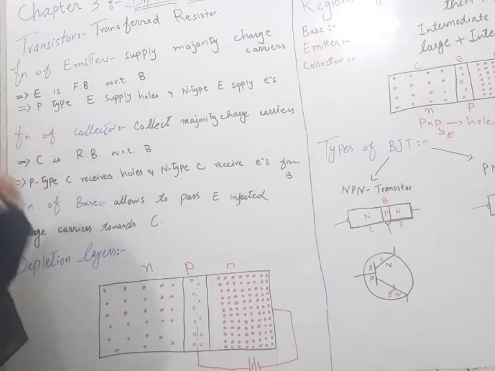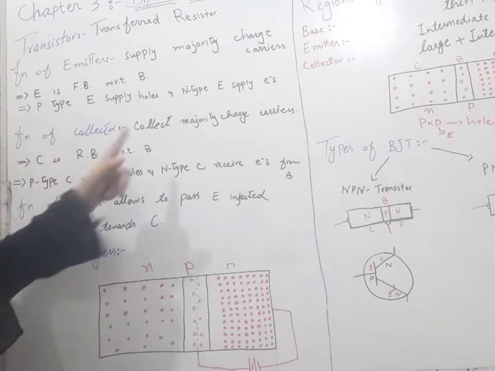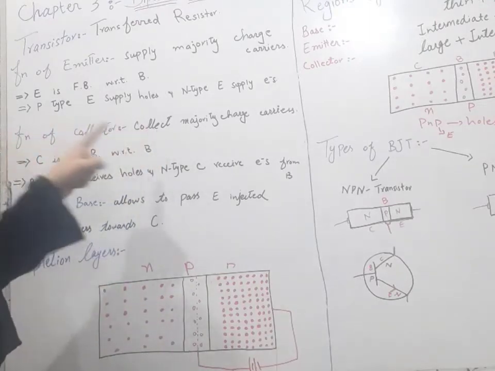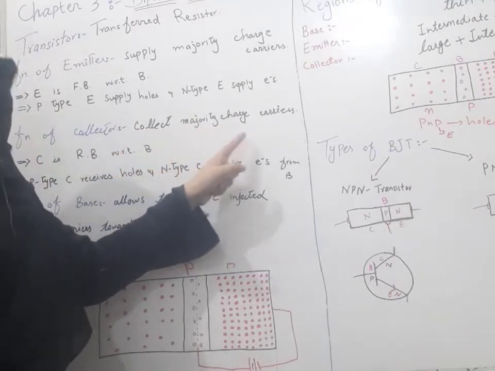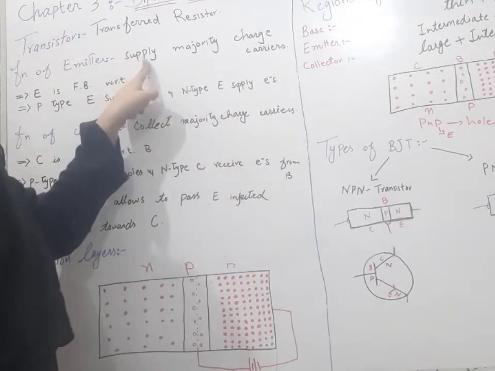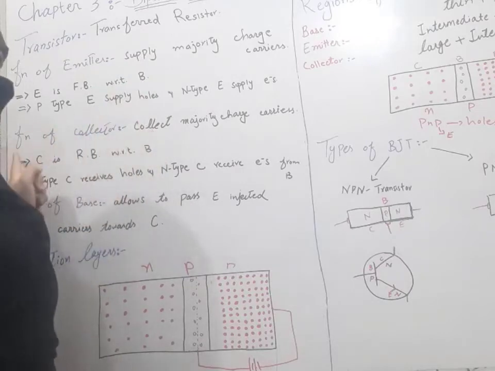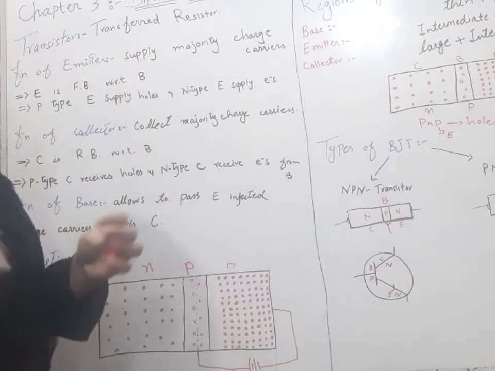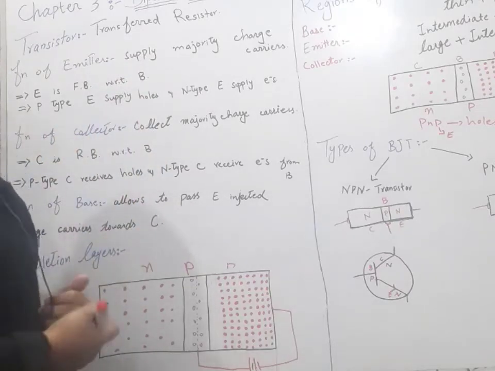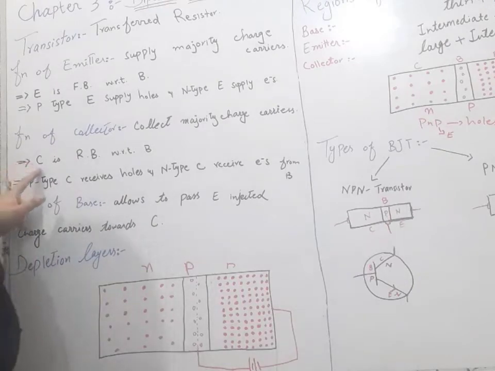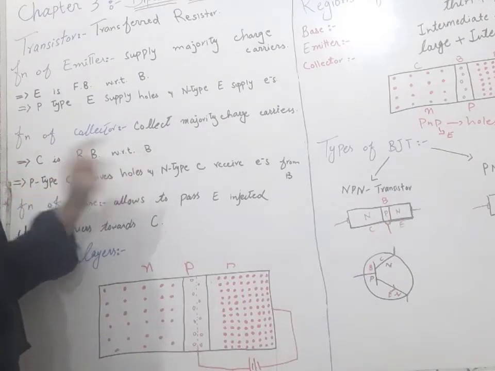Function of collector. This is our collector. The collector is used to collect the majority charge carriers. The supplied majority charge carriers will be collected by the collector. Its name shows it will collect the majority charge carriers. The collector is always reverse biased with respect to base.